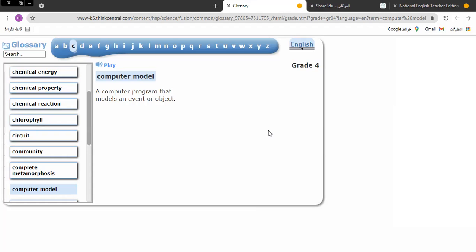I said model, like making a design, a small design for a very big shape, or something we can deal with directly in nature. So can we draw things on the computer? Yes. Can we design things on the computer? Yes. Like what?